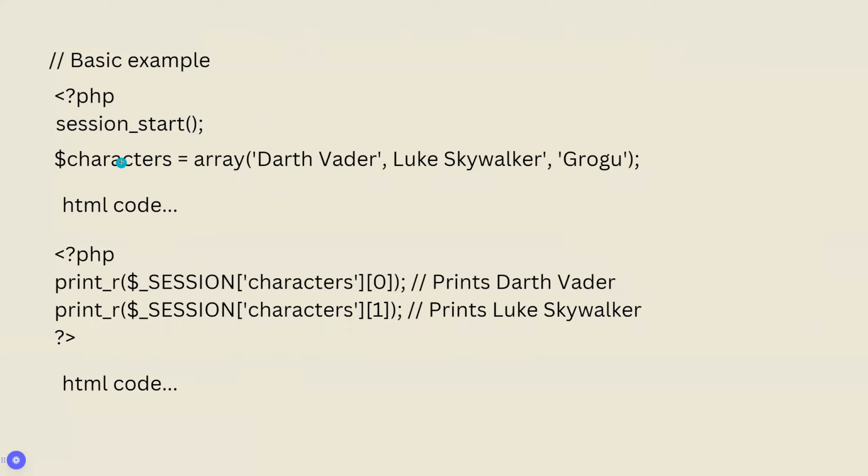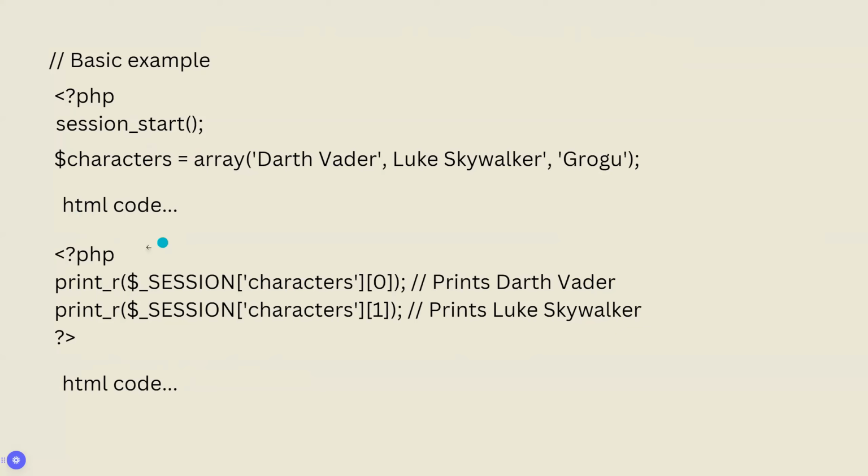Then, for example, we have a session array here, and I named it under the variable characters equals array, since remember, it's going to be an array. We have Darth Vader, Luke Skywalker, and Grogu from the Star Wars series. Below that is the HTML code, and between the HTML code, we want to print the session arrays.